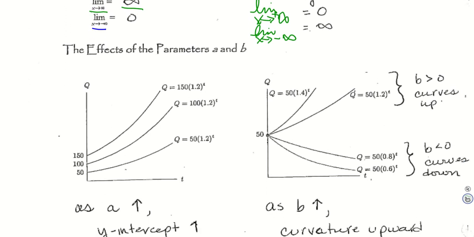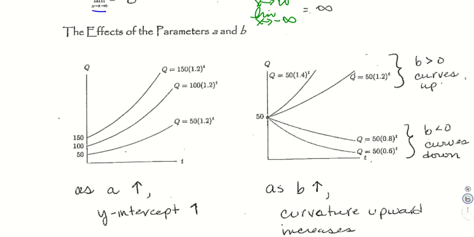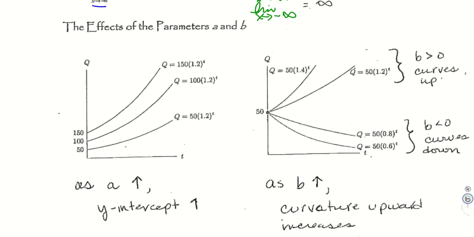So now let's look at the effects of parameters a and b. And again, this should not be terribly new, but we know that a is the coefficient of our power, and b is the base of our power. Since a gives us our y-intercept, as a gets bigger, the y-intercept gets bigger.